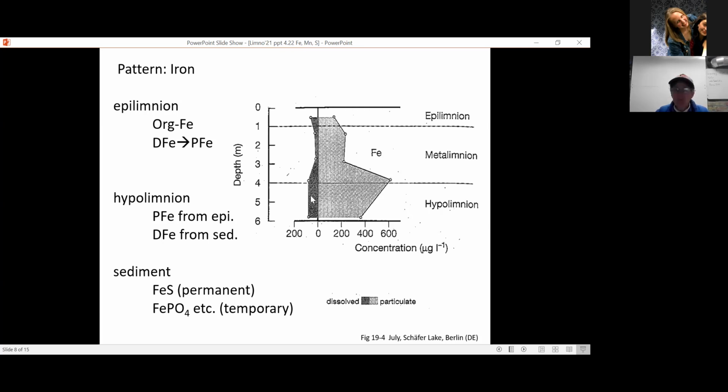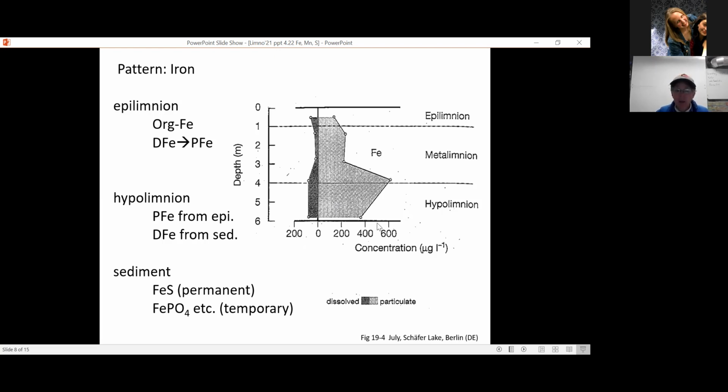So why is there so much dissolved iron? Well, what we've got is dissolved iron coming into the water from the sediments. And this particulate is coming down from the epilimnion. So what we're seeing is particulate iron coming down from above and dissolved iron coming up from below.